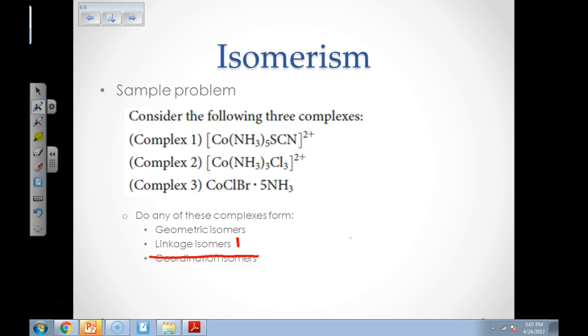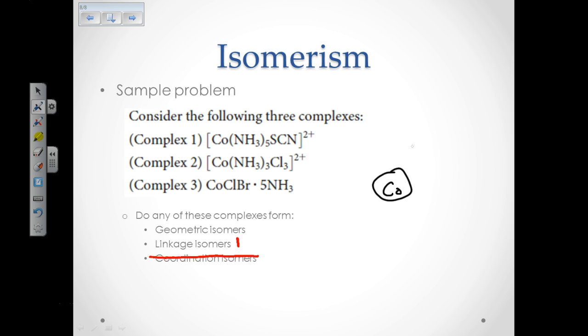Now complex number 3, again cobalt in the middle. Now we have Cl and Br, and then it has 5 ammonias, NH3.